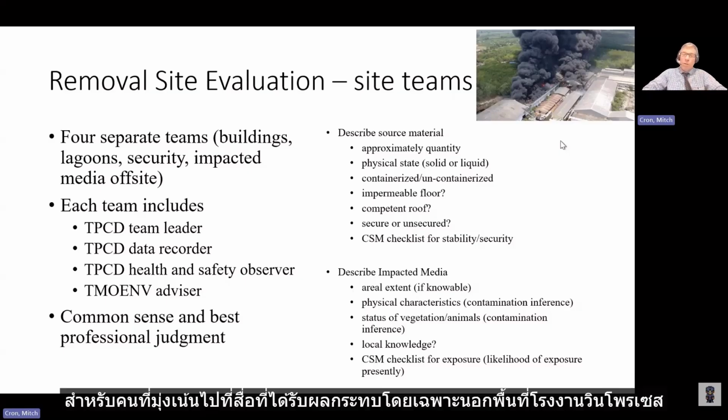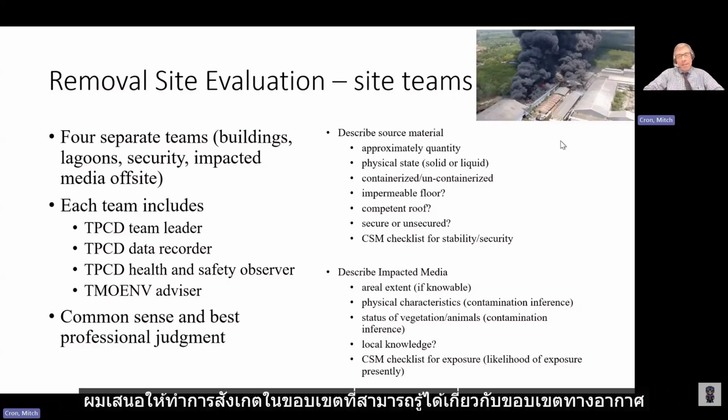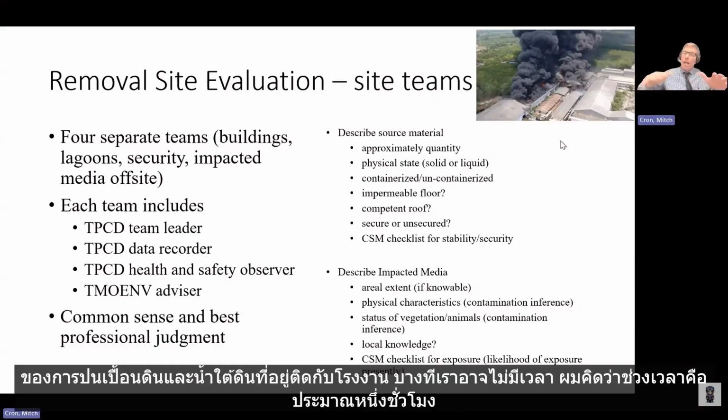For folks more focused on impacted media, especially off the Wind Process property, I proposed making observations, to the extent they're knowable, on the aerial extent of soil and groundwater contamination adjacent to the facility. Maybe we don't have time. I think the time slot is like an hour.